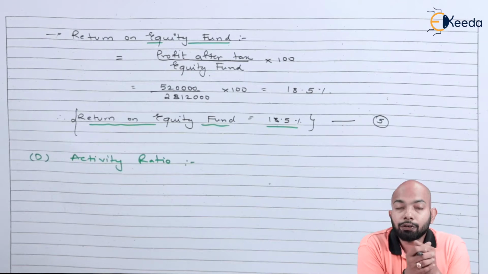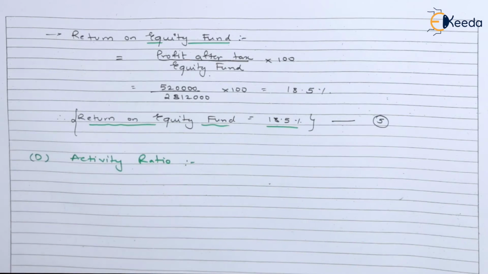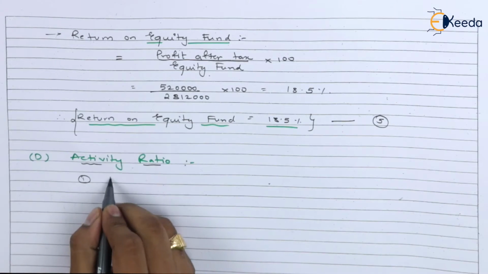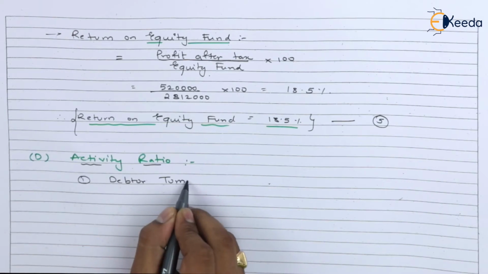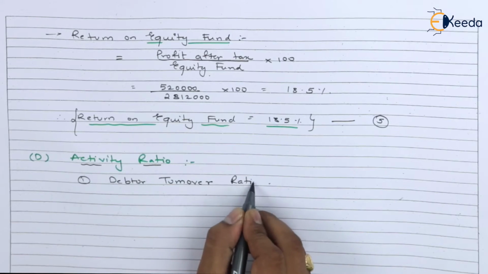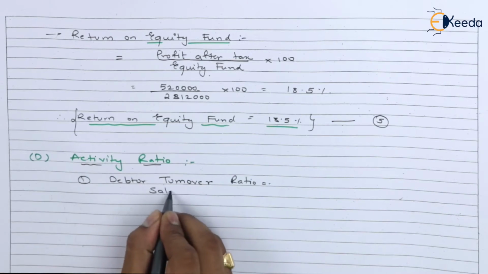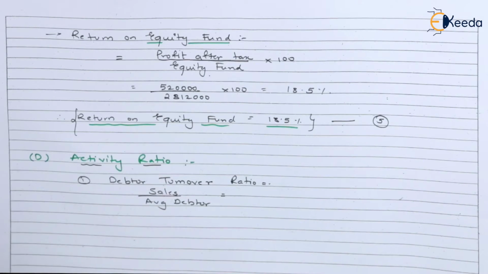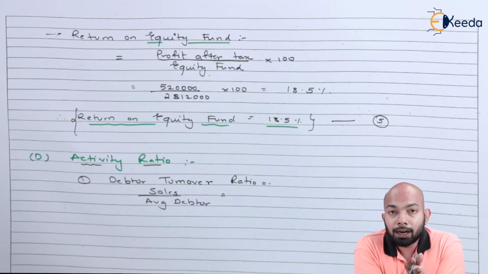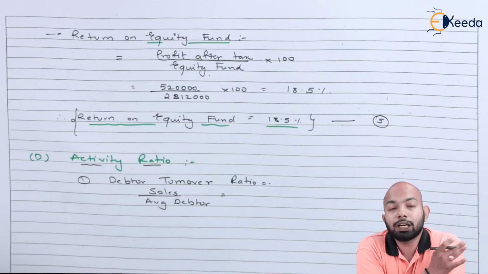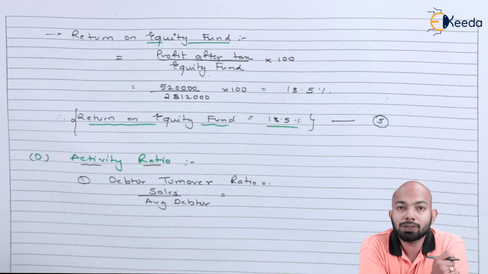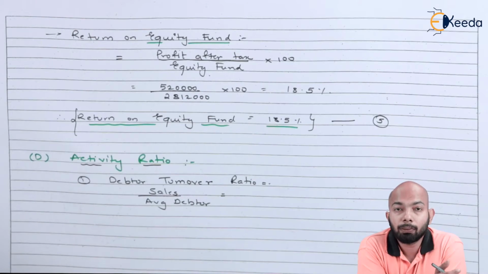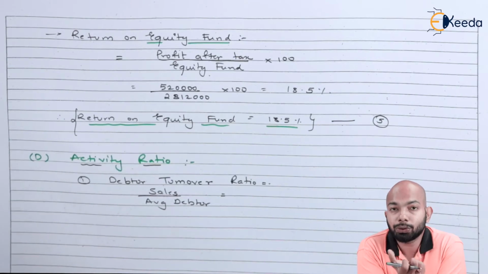Now the next part that we have to figure out is the activity ratio. Now the next part refers to the values that we'll be considering for 2007 and 2008 itself, because activity ratio will give you the average concept, or the concept of average will be utilized here.